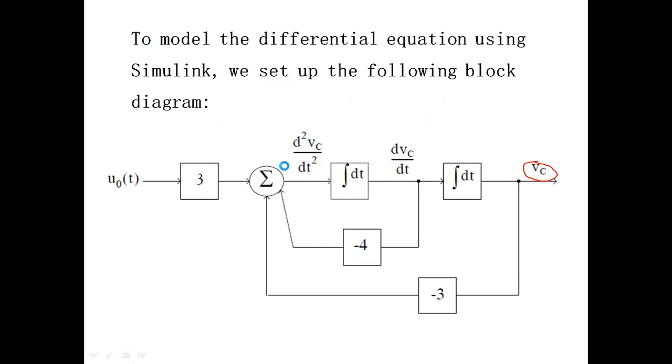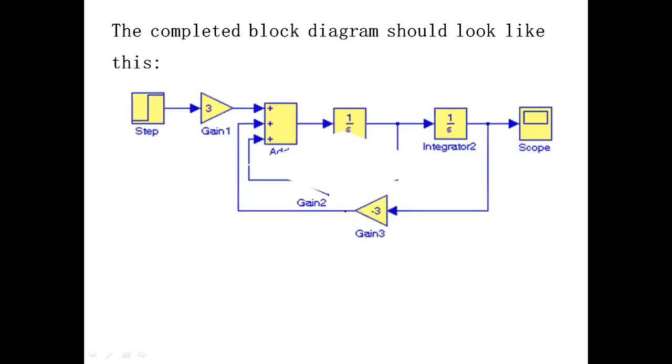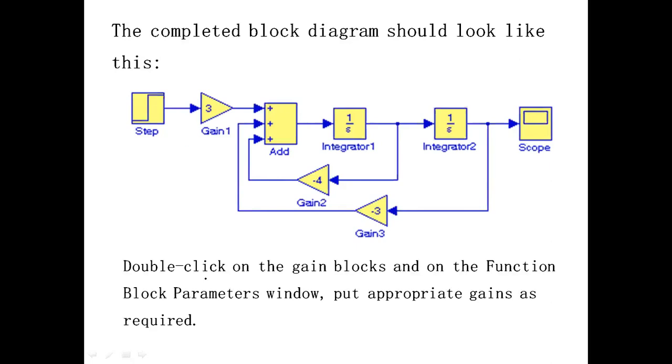Okay, we'll move to the next slide. The completed block diagram should look like this. So this is how we expect it to look once completed in MATLAB Simulink. Next, if you double click on gain blocks, in the function block parameters window, you can put in the appropriate gains as required.